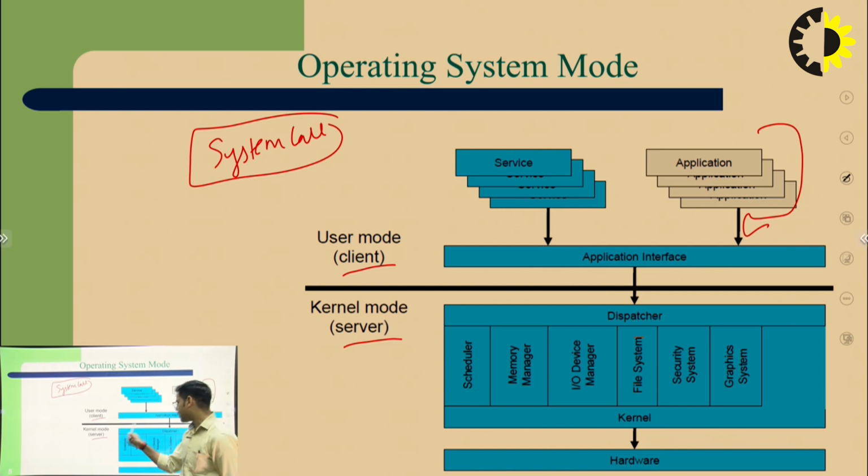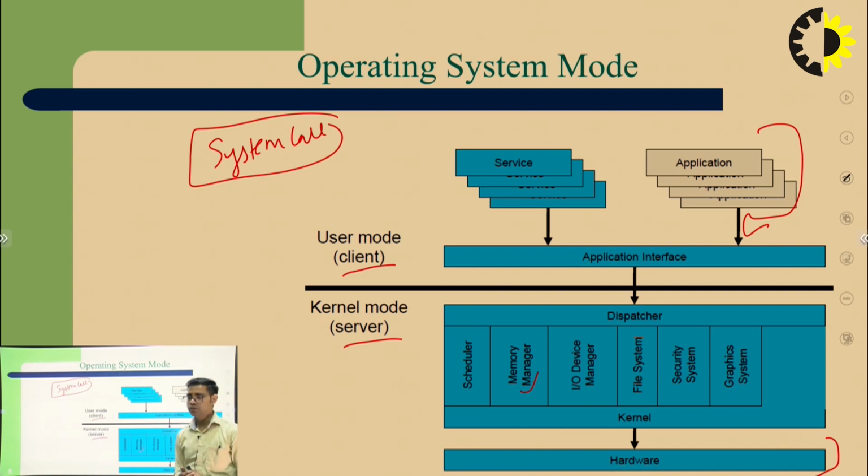Inside the kernel mode, different resources of the system lie, for example the scheduler, the memory manager, the input output device manager, different scheduling approaches, system security, and the file system. All these resources reside in the kernel mode and interact with the hardware.